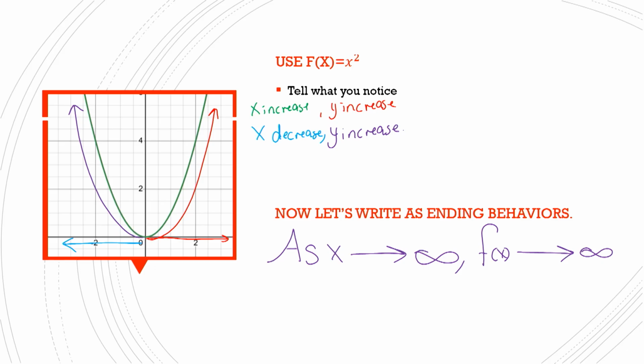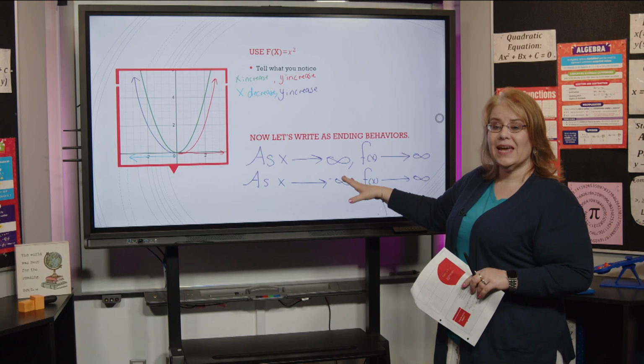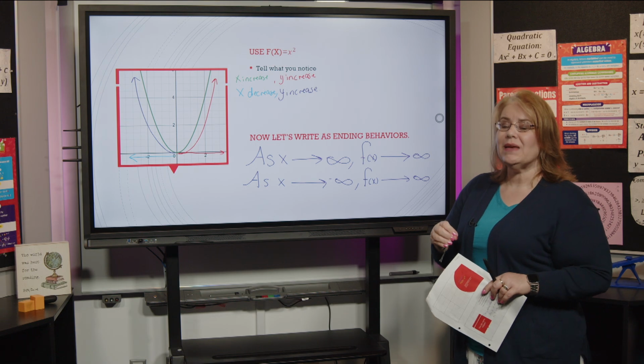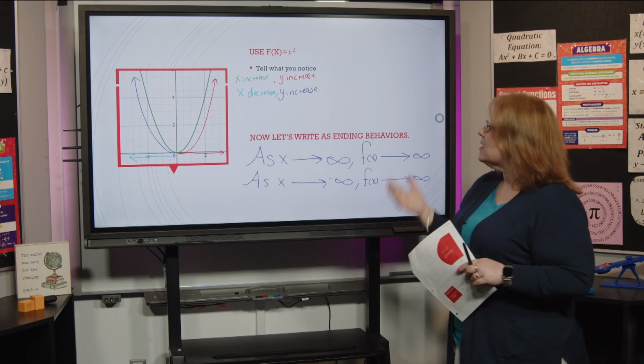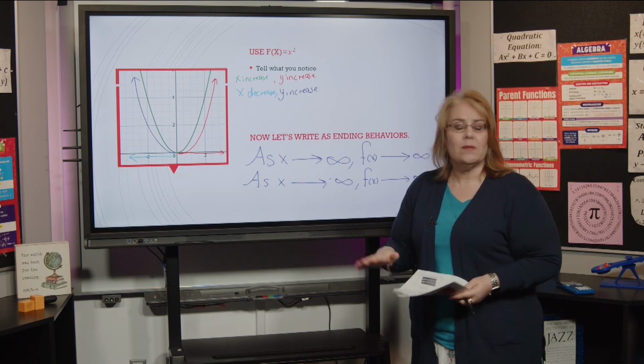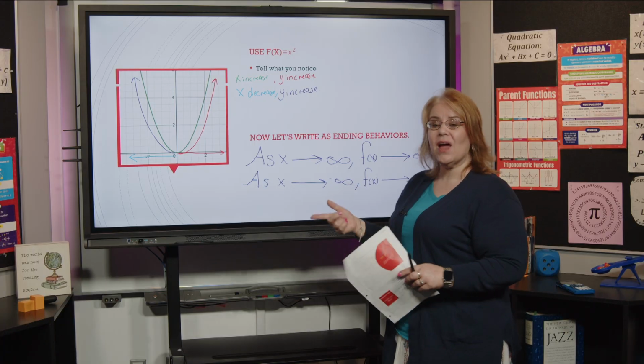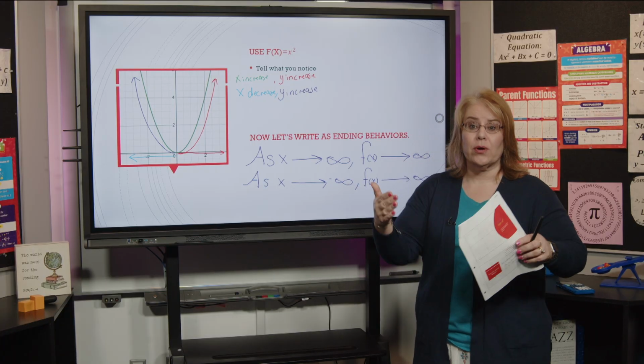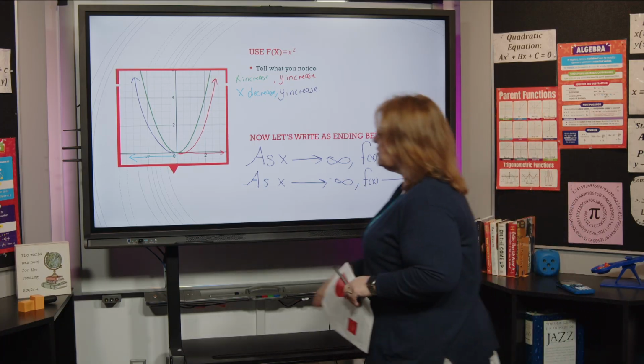Then let's flip it: as my x approaches negative infinity, or decreases, my y values, or my f of x, approach positive infinity, which is increasing. This is my arrow notation. That arrow notation means it's approaching. Sometimes they're going to approach one but never hit one. That's what these arrow notations are telling us. It's approaching. All right, let's look some more.